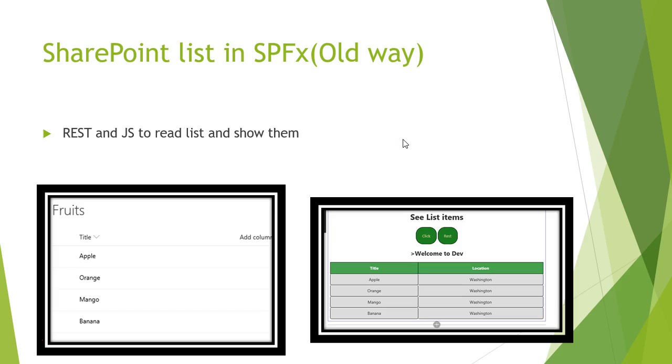We have some data in a fruits list and we showcase that data in our SharePoint Framework app part as shown here. We'll write some code which will retrieve the items from the fruits list and display them in a table format along with the location as Washington.